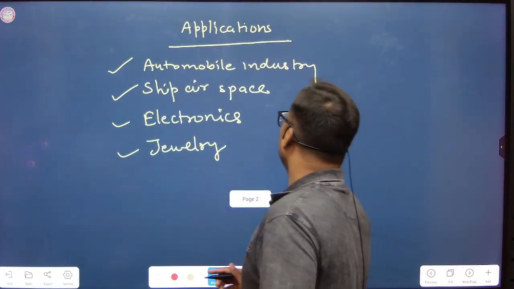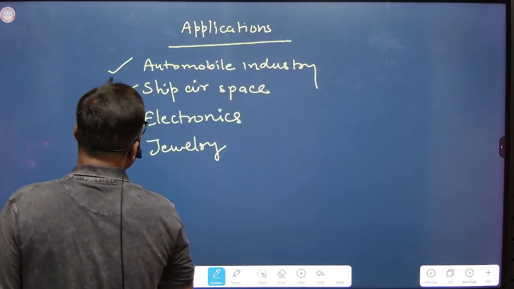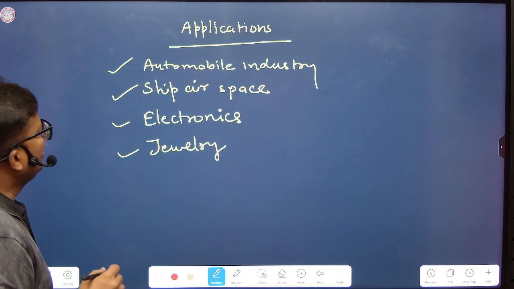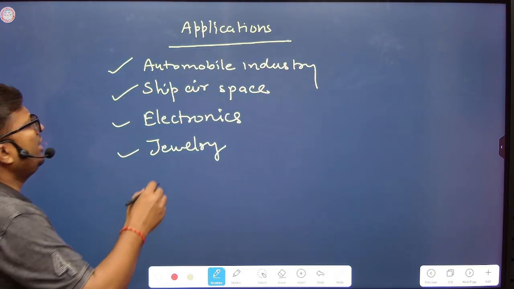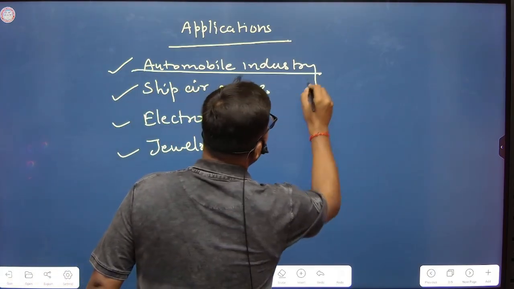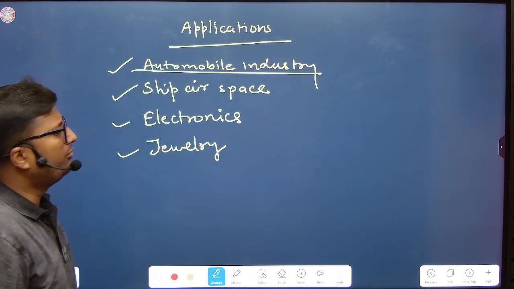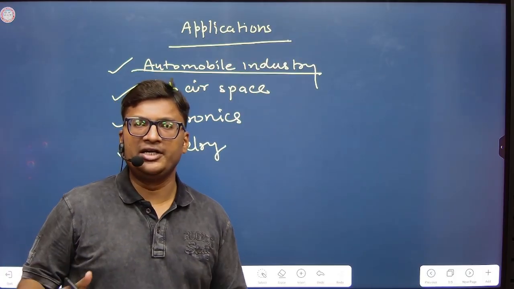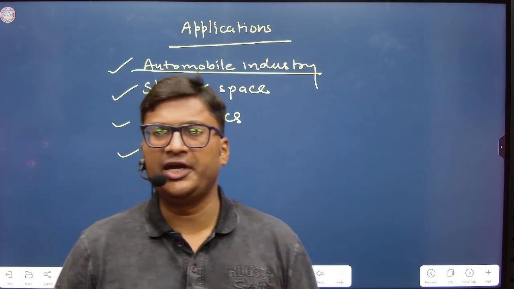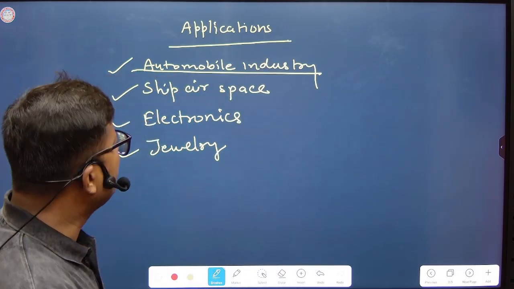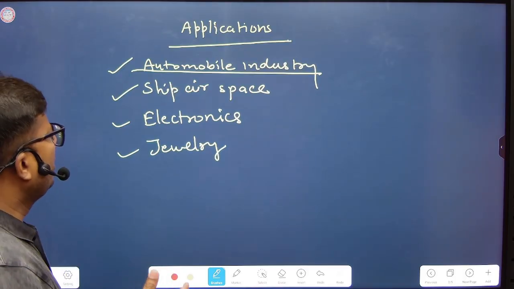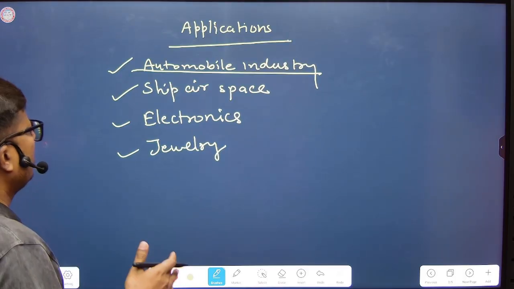Now, what are the possible industries where electroplating plays an important role? The automobile industry is the most important industry where electroplating techniques are most significant and used to create surface passivations or surface activations, right?